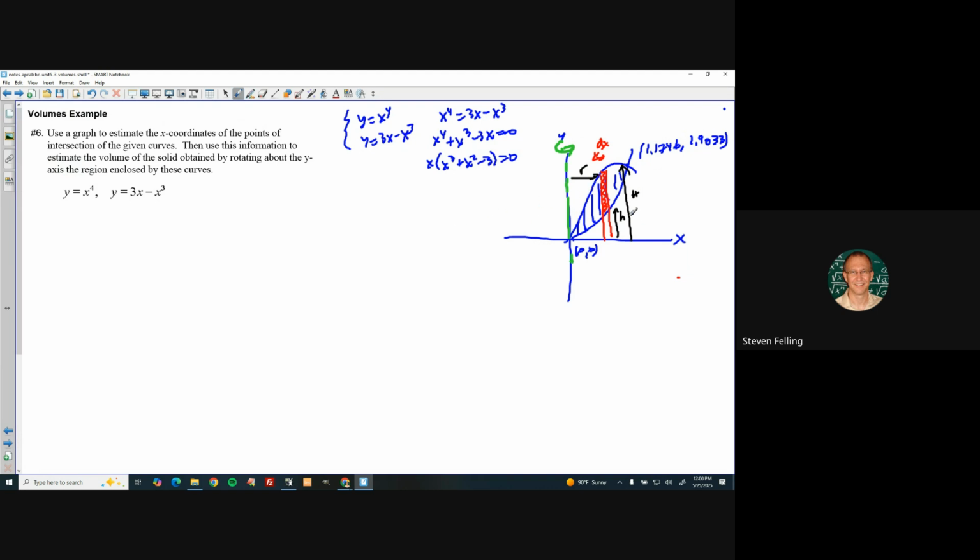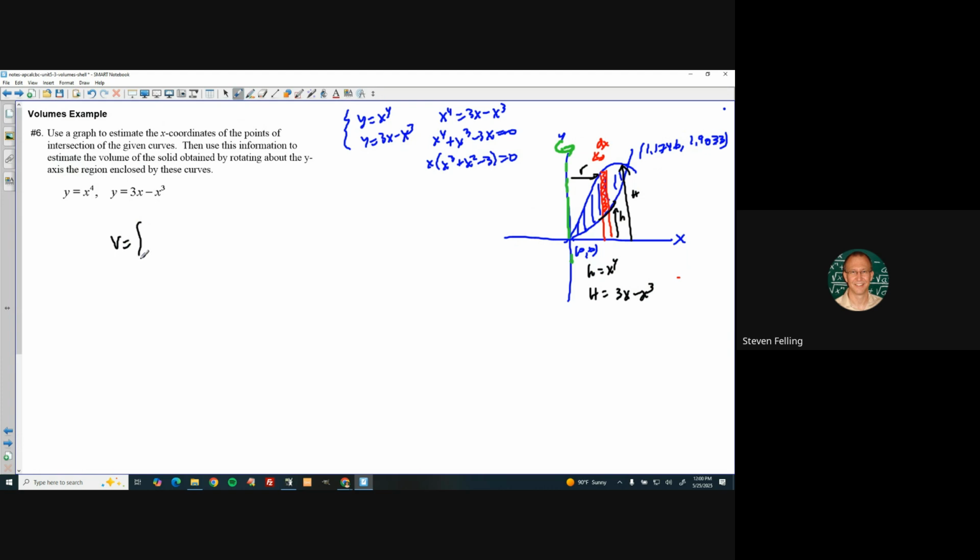Right? The little height is established by the bottom curve, which is the x to the fourth curve, right? Yeah. The little height is this y, which is x to the fourth. And the big height is the other curve, y, which is 3x minus x cubed.